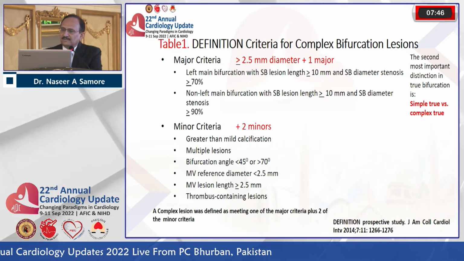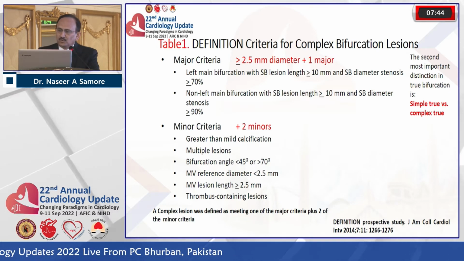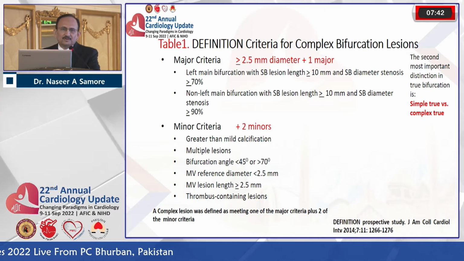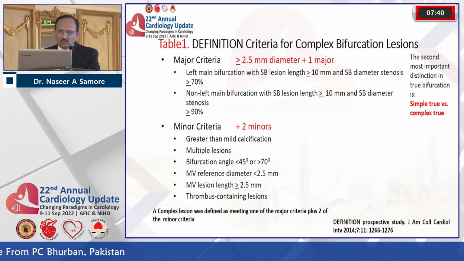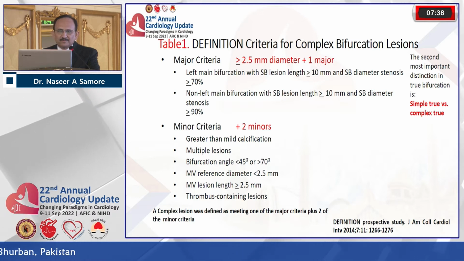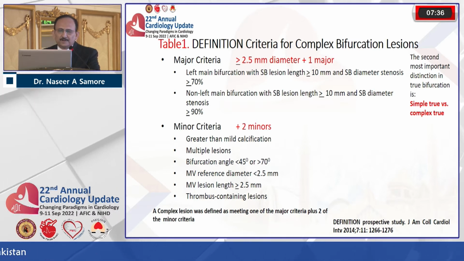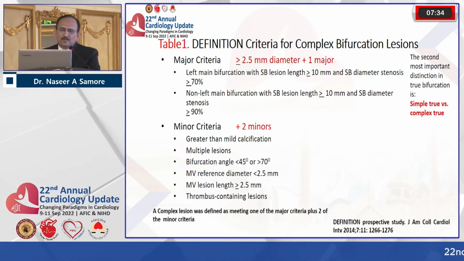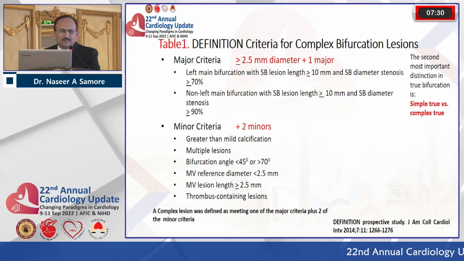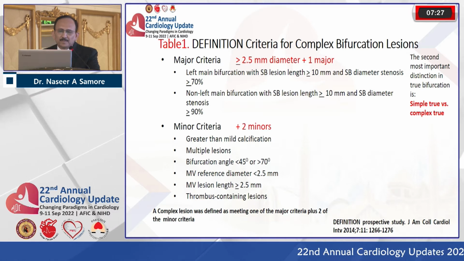There is a second most important distinction in true bifurcation, which is simple true bifurcation versus complex true bifurcation. This depends upon definition criteria, and it has major and minor criteria.